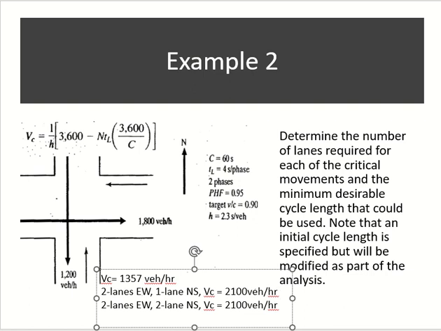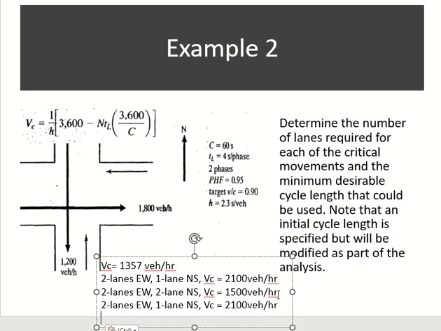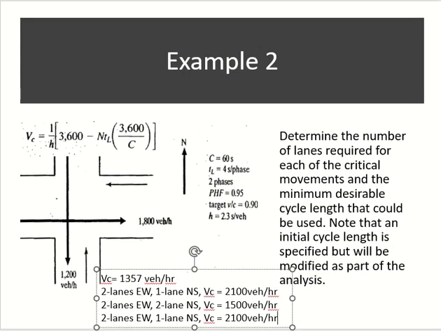So how much then? 600 and 900? 1500. Problem solved or not? No. So where should I increase now? East-west?